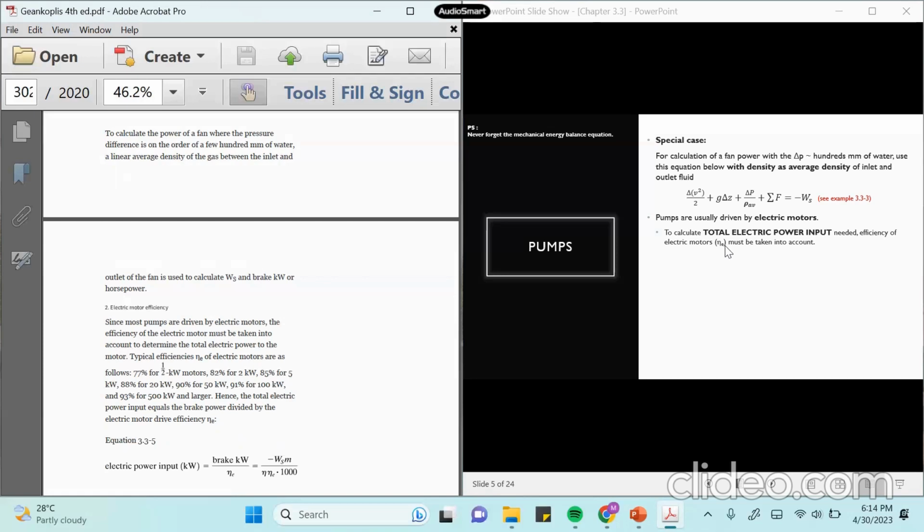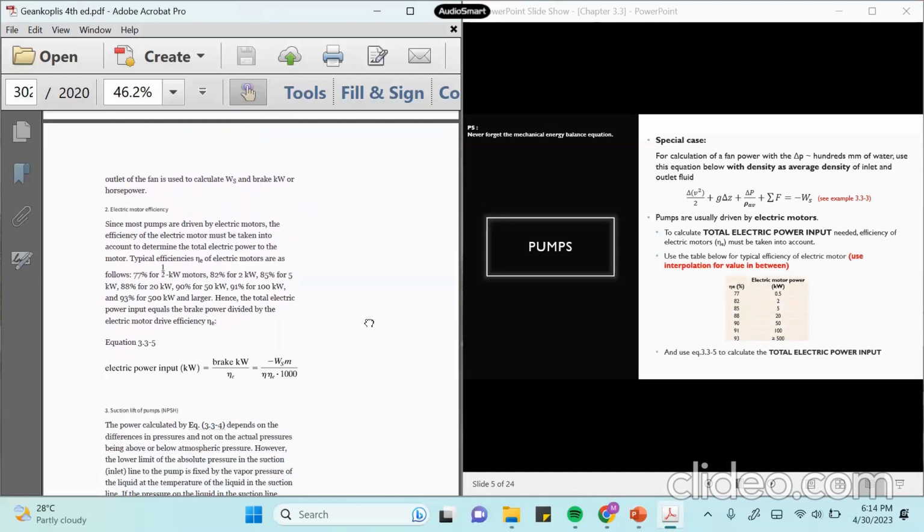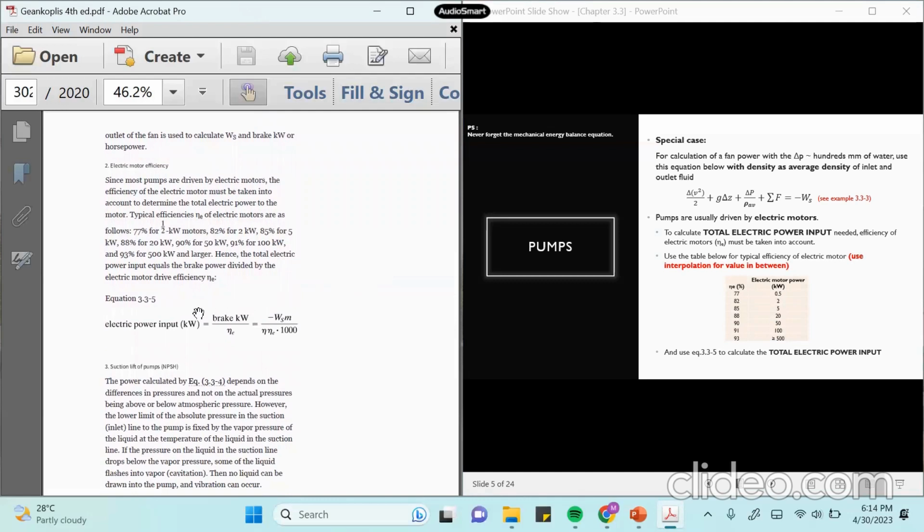So we must use this term in the calculation. You can use equation 3.3-5 to calculate the total electric power input needed.